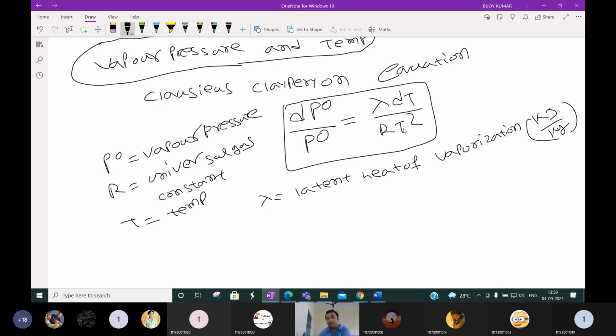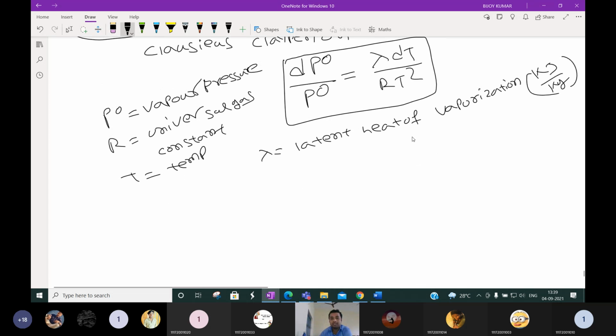So this is a differential formula, so we have to simplify it. Suppose at temperature T1 the vapor pressure is P10, and at temperature T2 the vapor pressure is P20. Then we can simplify this by integrating.